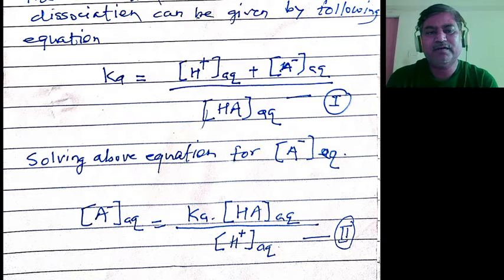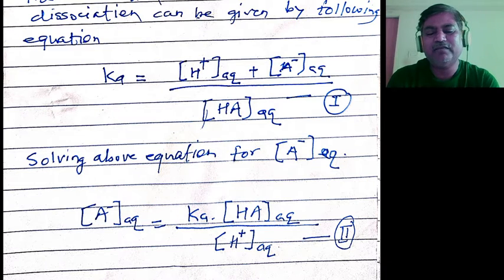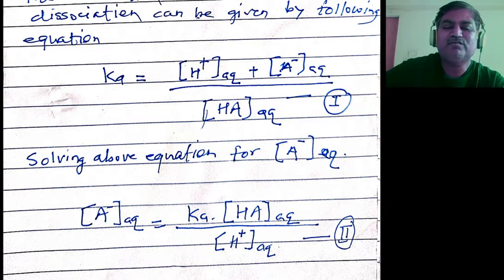We have given a number to both equations, that is, equation first gives the value of Ka for the dissociation, and the same equation is rearranged, that is, A minus in aqueous phase is equal to Ka into HA in aqueous phase divided by H plus. Equation first and equation second are totally related with the dissociation constant of weak acid HA in aqueous phase.